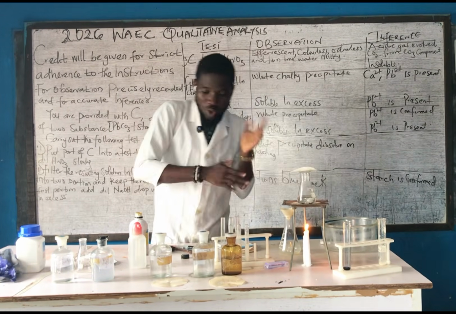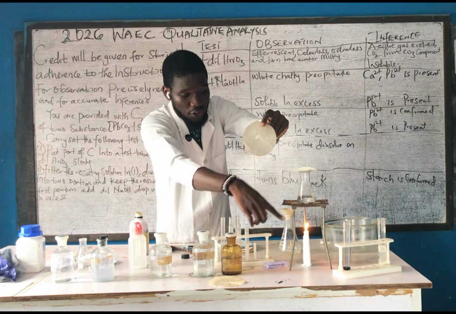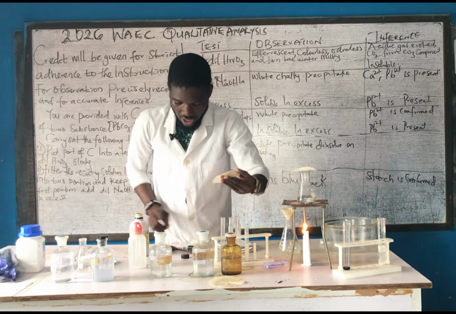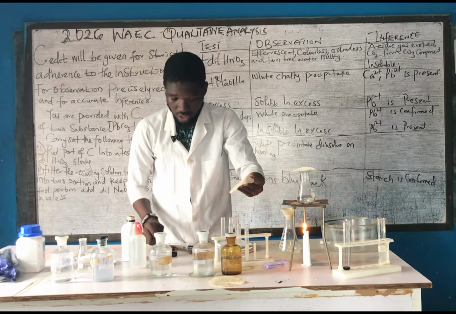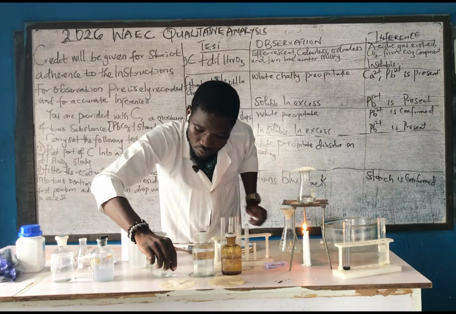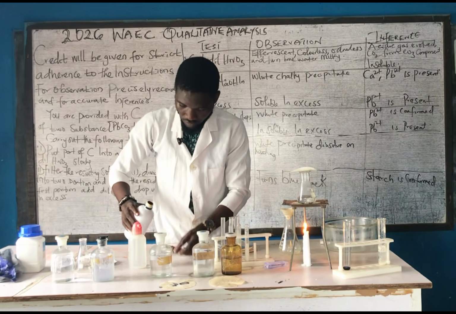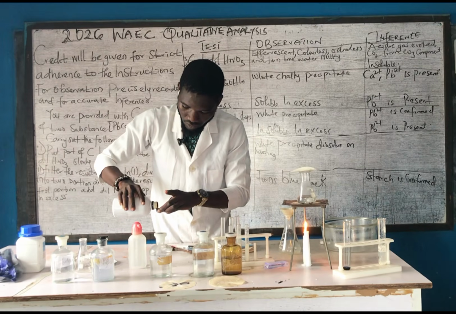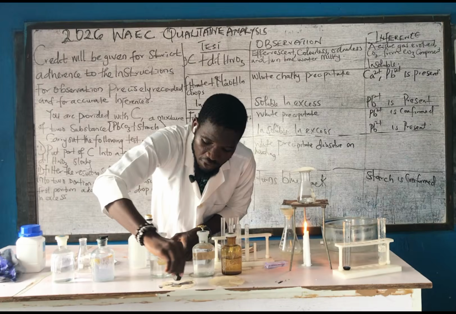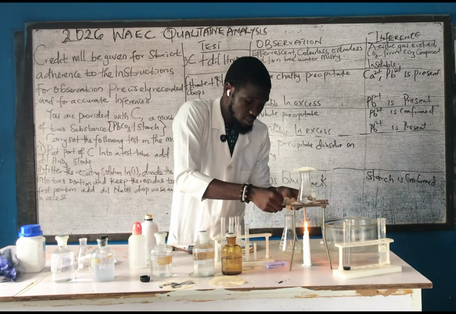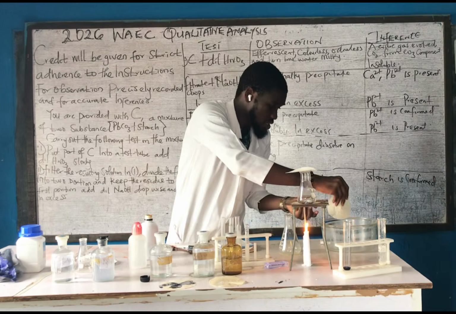Now, the next one we are going to have is the residue. Here is the residue and iodine. Now, let's add a few drops of the iodine to this. Please bring the camera closer to this place, so they can see it very well.